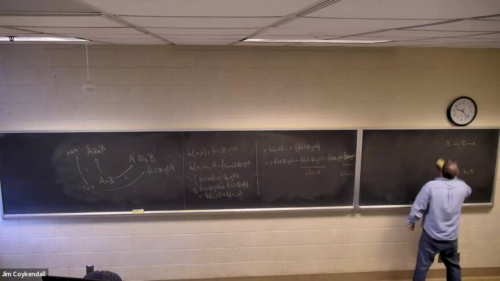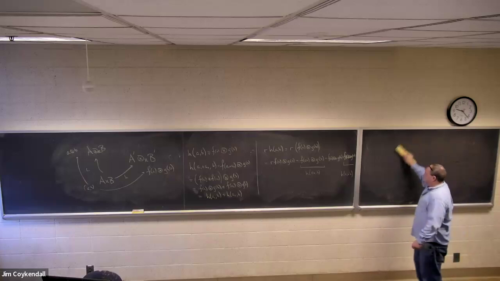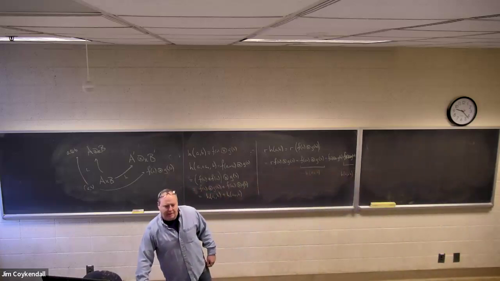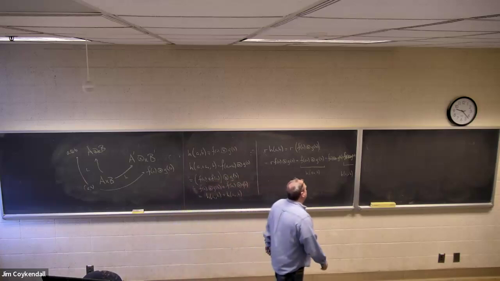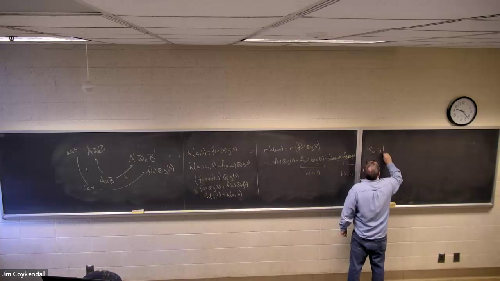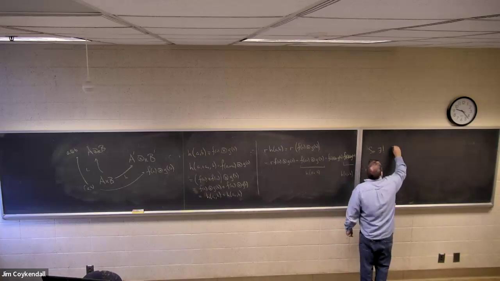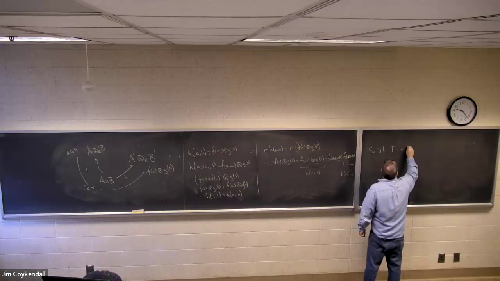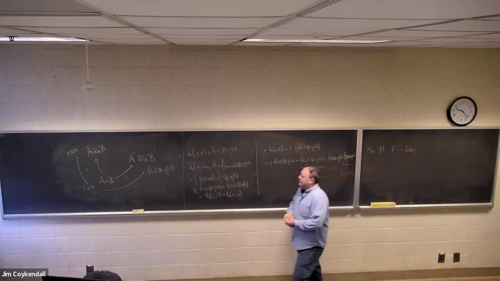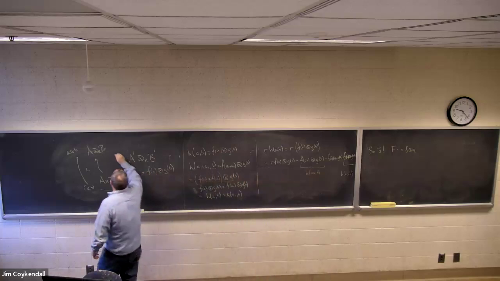So by this mapping property of the tensor product, there exists a unique F, which we christen as F tensor G. It goes from here to here.